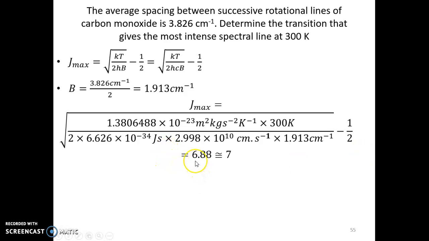Approximately this comes to about 6.88, which is around 7. So the transition with the maximum intensity will go from state 7 to state 8.